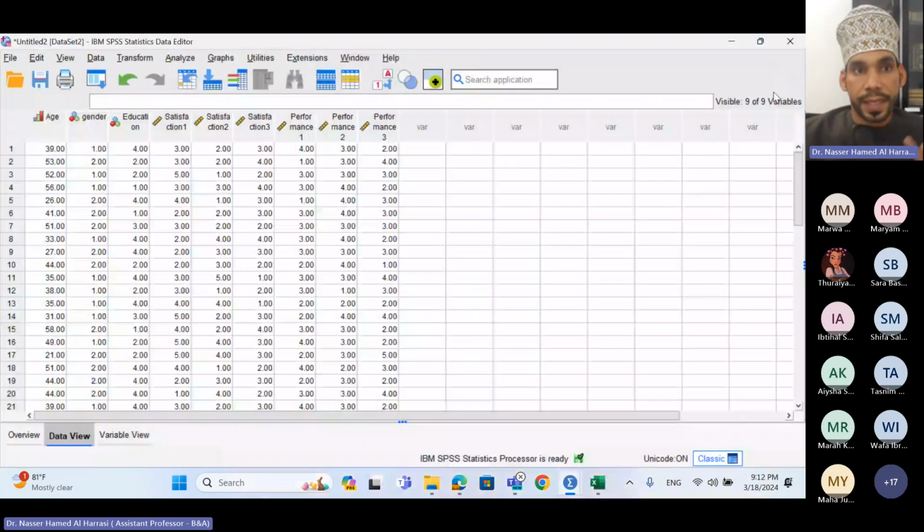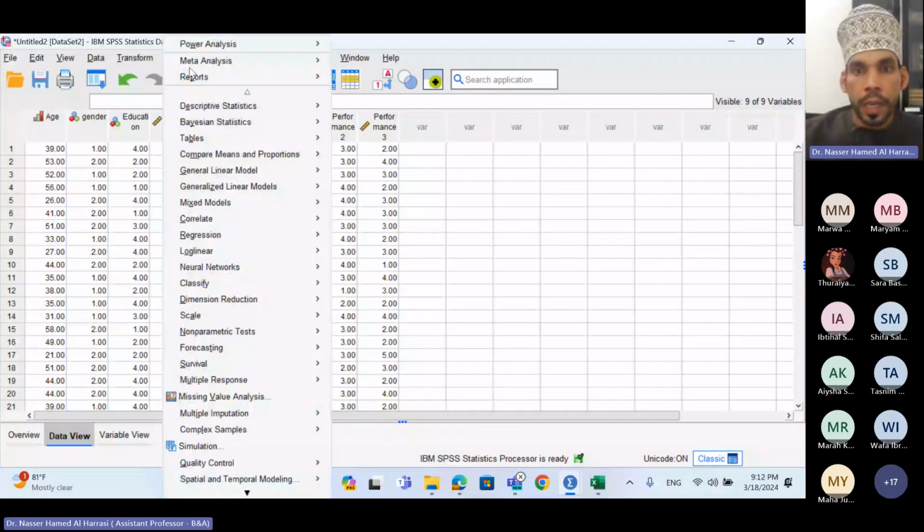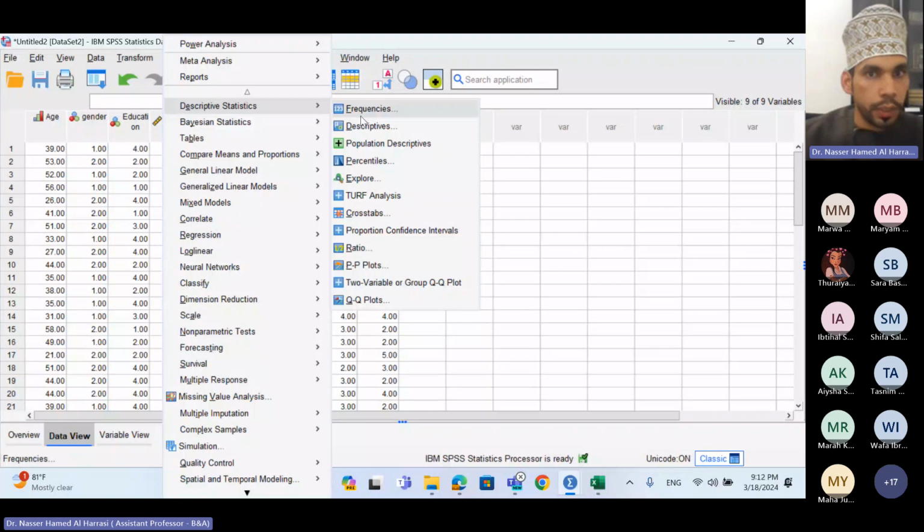After doing the descriptive, which is from analyze, frequencies, and descriptive, the mean and standard deviations of the items, the frequency, how many male, how many female, then we will move to the advanced statistics based on our objectives. As we said previously, we would like to measure the relationship between employee satisfaction and employee performance.